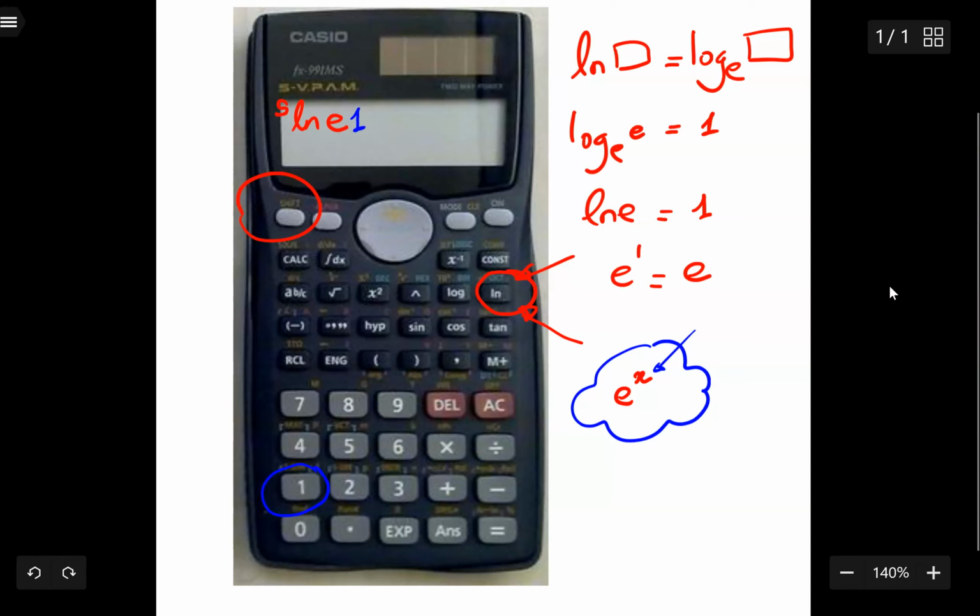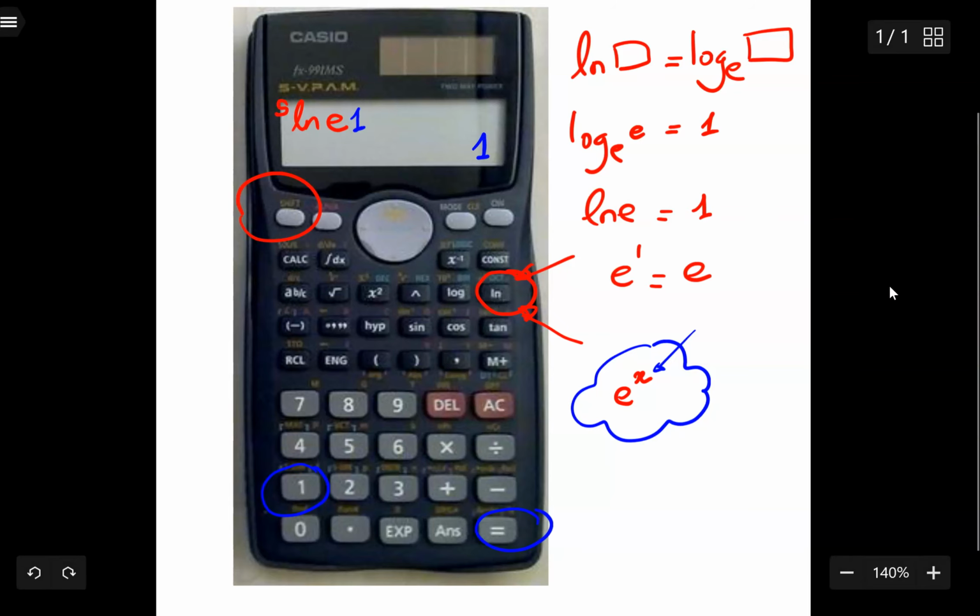Don't try exponent, just press the number 1. In this case, you are telling the calculator to find the natural logarithm of e for me. So the calculator will give you the answer as 1 when you press the equal sign.